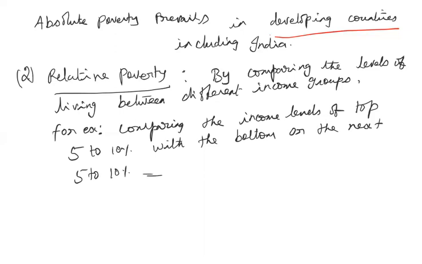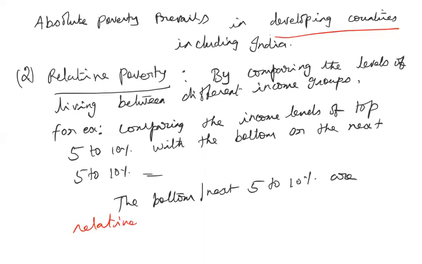Based on this, the bottom or next 5 to 10% are relatively poorer than the top 5 to 10%. They might be above the poverty line and they are not absolutely poor. They are having that minimum subsistence level of living, everything. But compared to the other person, they are poor.